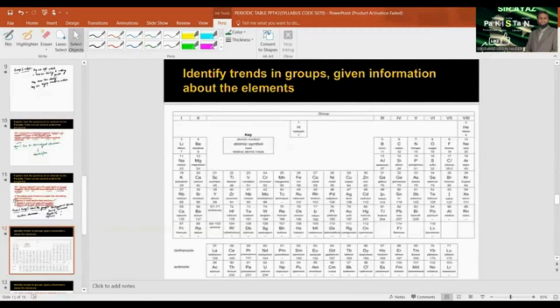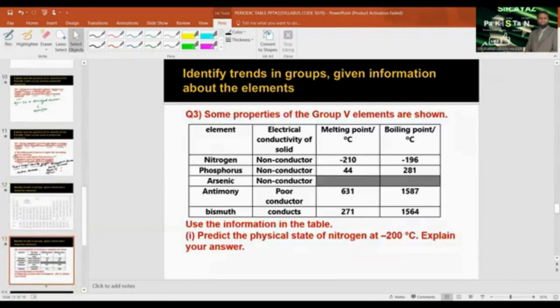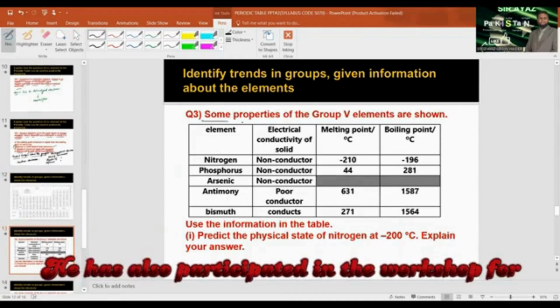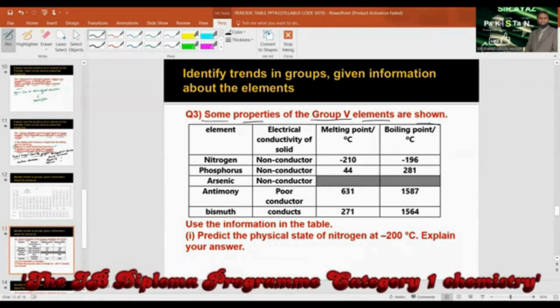Identify trends in groups given information about the elements. You can identify the trends in groups when the information is provided. For example, there's another past paper question. Some properties of the group 5 elements are shown. So we have element, electrical conductivity of solid, melting point in centigrade, boiling point in centigrade.